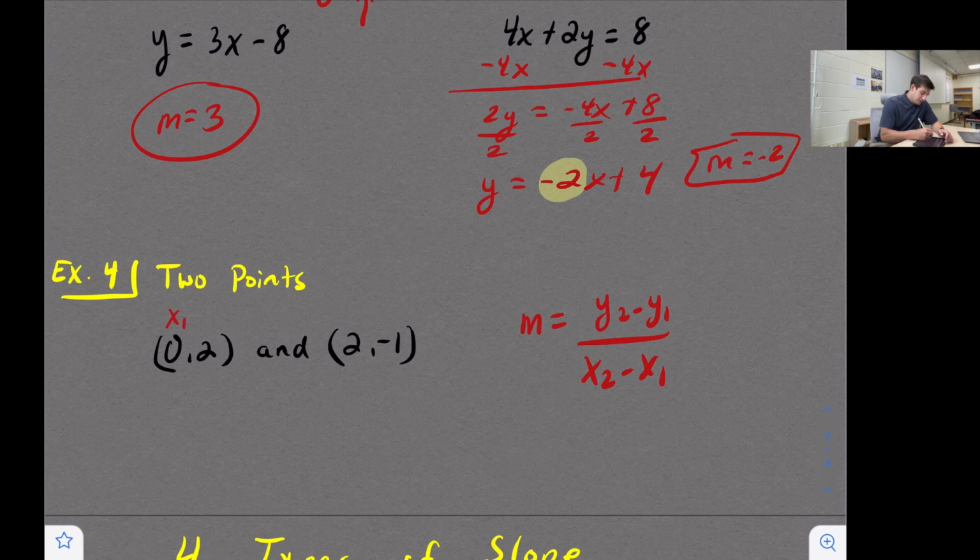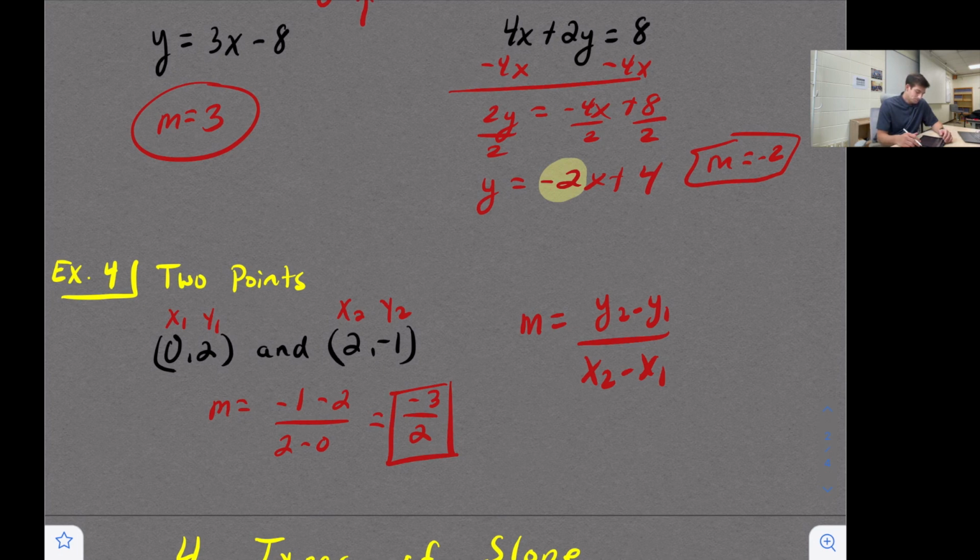We can say this is my first point, x and y coordinate, my second point, x and y coordinate. And now I can just plug those values into my formula. So I can say m is equal to negative 1 minus 2 over 2 minus 0. Okay, so negative 1 minus 2 would be negative 3, and 2 minus 0 would be 2. So my slope here would just be negative 3 over 2, or we could say negative 1.5 for our slope.